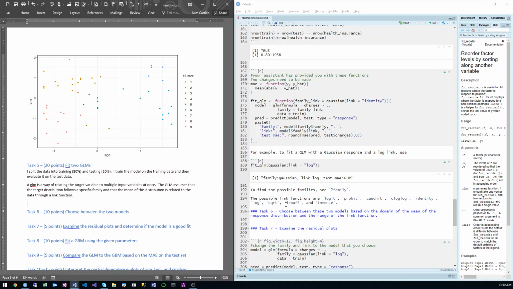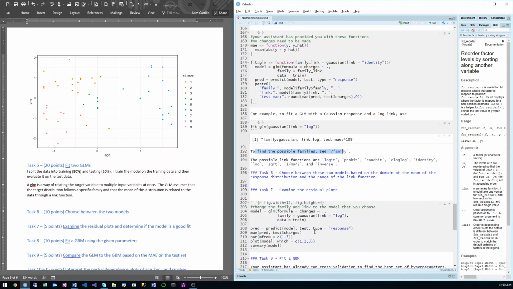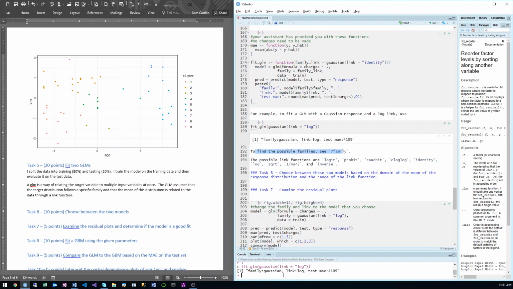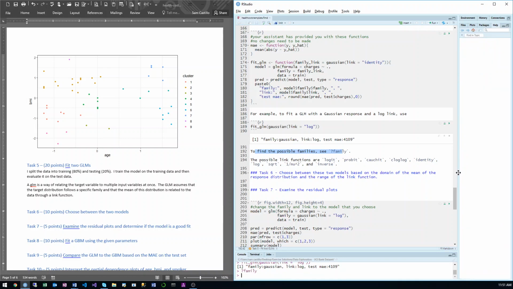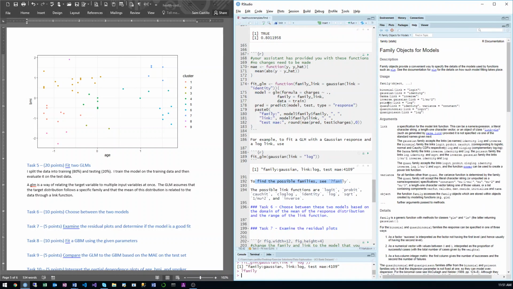There are many different possible families. To find possible families, use question mark family. If I run this, I will see there's binomial with logit link, Gaussian with identity link, gamma with inverse, and so forth.